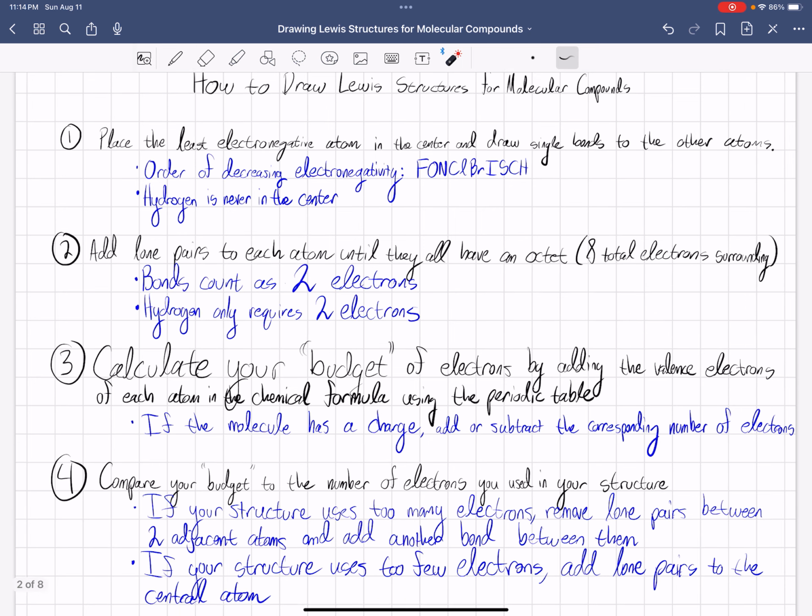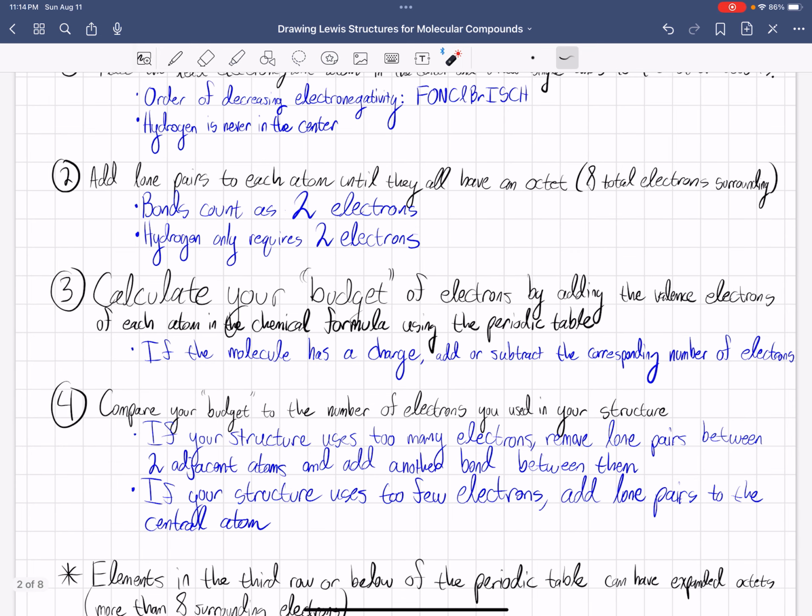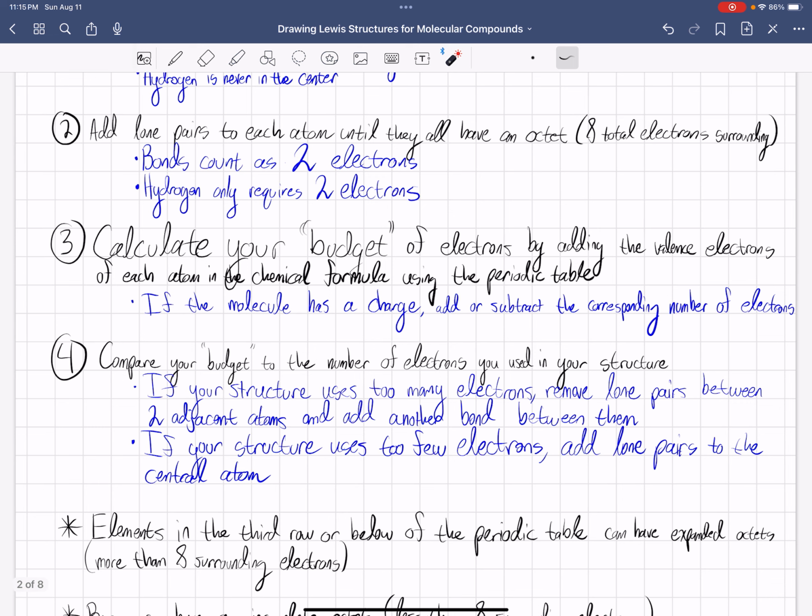So once you've done that, you'll then stop and calculate what I like to call your budget of electrons. And the way you do that is you add up all of the valence electrons those atoms generally have by using the periodic table. I'll show you what I mean by that soon, but in general, you'll just add up all of the valence electrons.